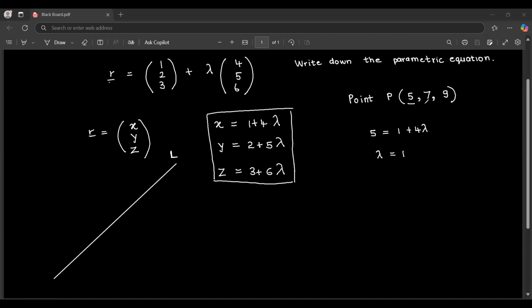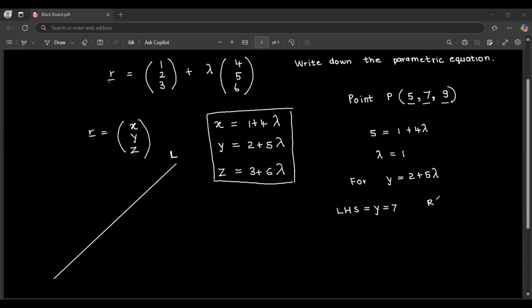So for the other coordinates also, lambda must be equal to 1. Shall we try? This is the RHS for y equals 2 plus 5 lambda. The LHS is y, which is equal to 7, that is given.